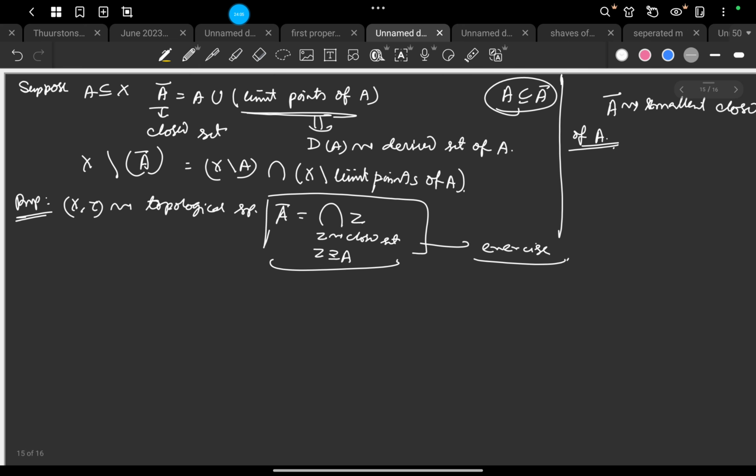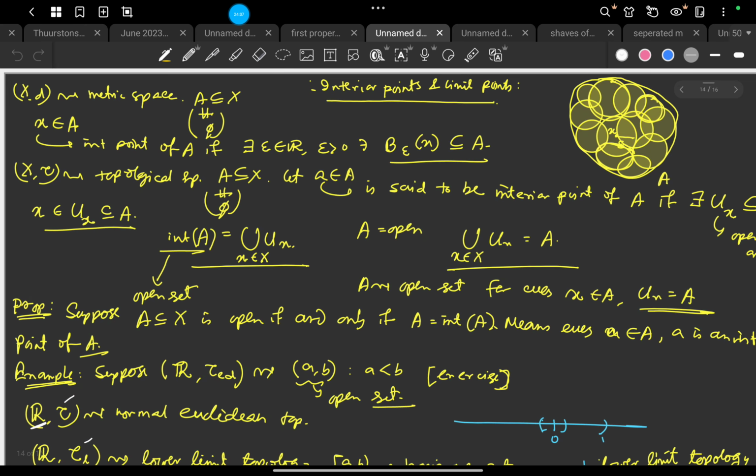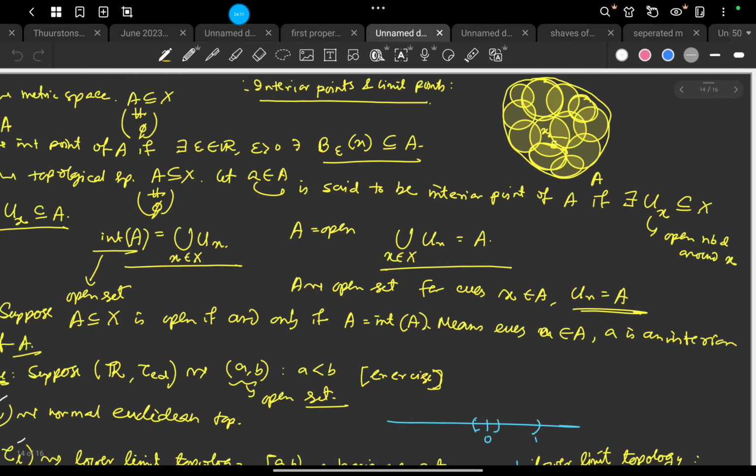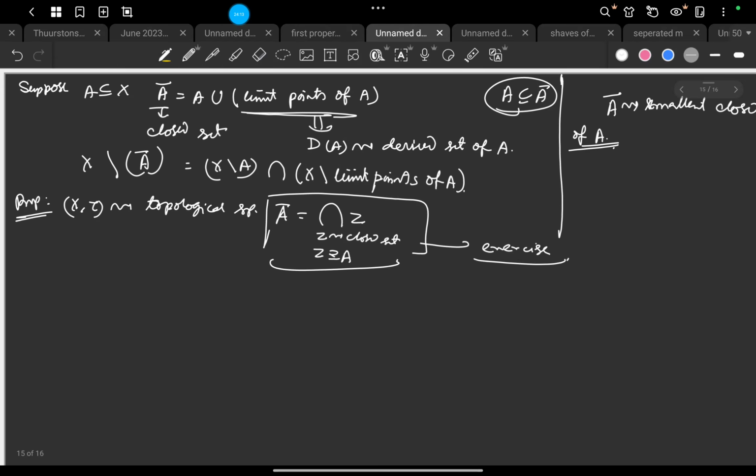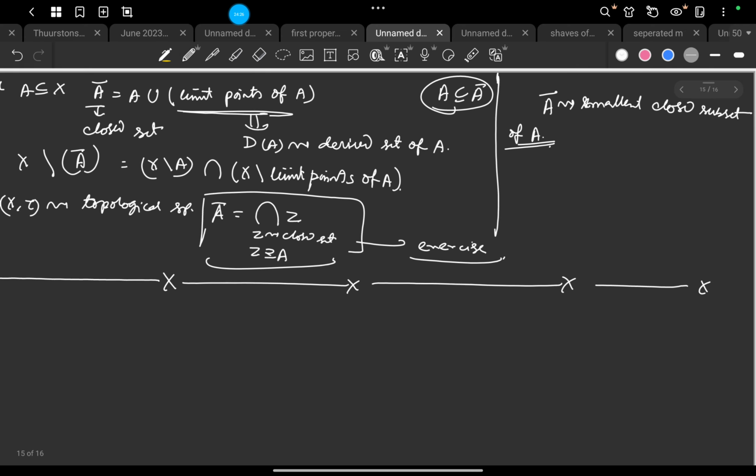So we have defined some analogous statements for interior points and limit points as well. It's a very short lecture, so let me stop here, and in the next lecture onwards we'll start with continuous functions and Hausdorff spaces.